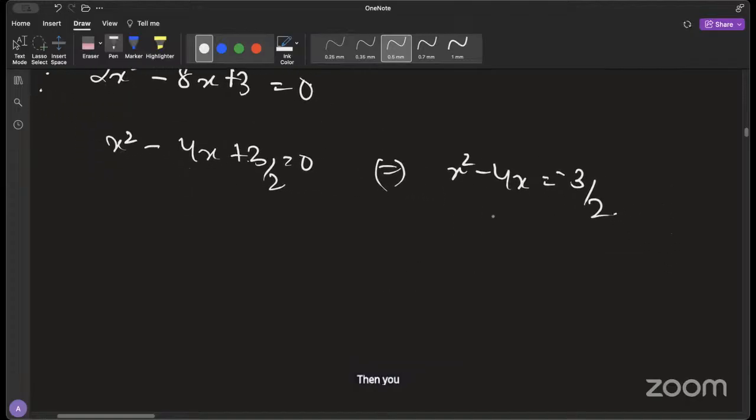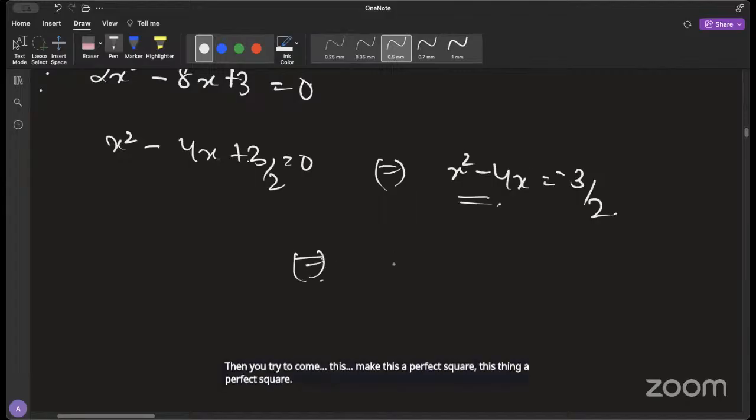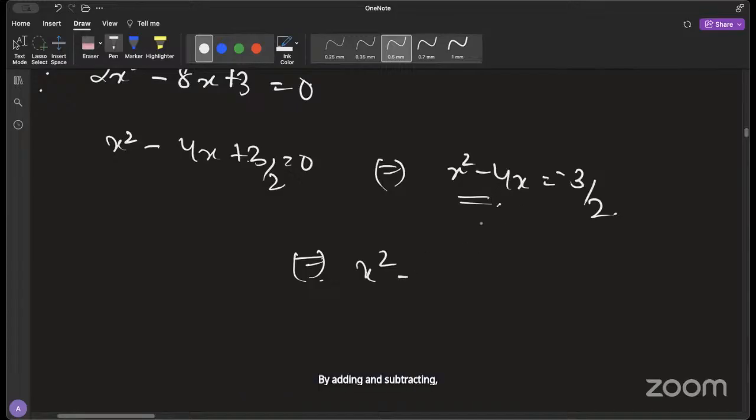Then you try to make this a perfect square, by adding and subtracting. Okay, what do you need to do? First, you consider the coefficient of x, which is 4. Then you divide it by 2, and then you take the square of it and add it on both sides.